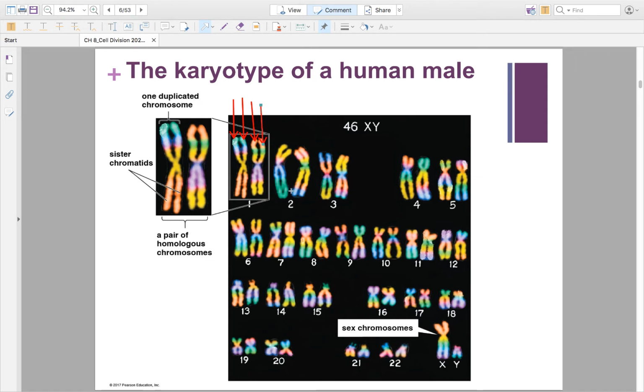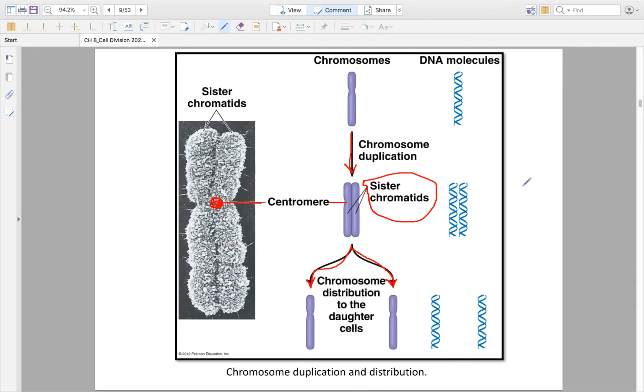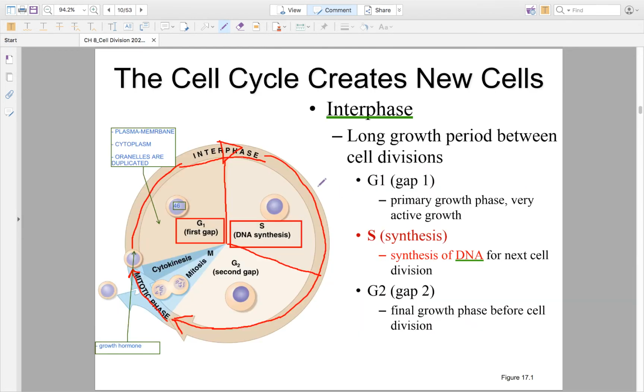Everything has been duplicated. Notice that these 2 are connected. They're sister chromatids. That means these are sister chromatids as well, and so are these, and so on. It goes for all of them. Every chromosome is copied and clipped together with its duplicate. So that's a big process.